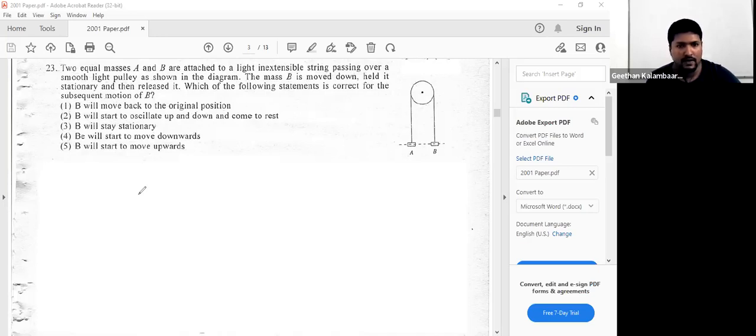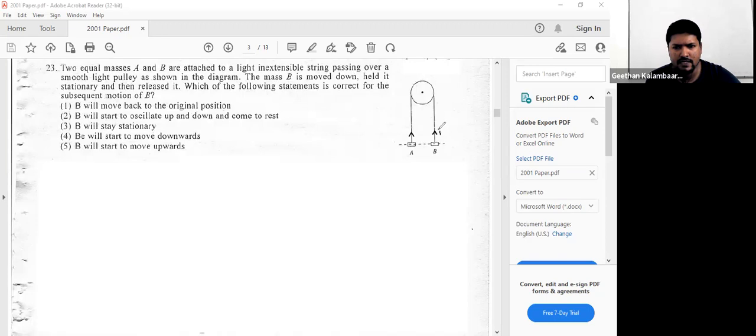So what we have are two masses attached to a light inextensible string passing over a smooth pulley. If you have a smooth pulley, there are no different tensions in the string. There will be only one tension in the string, right? So the forces acting on this system, you can mark them like this.